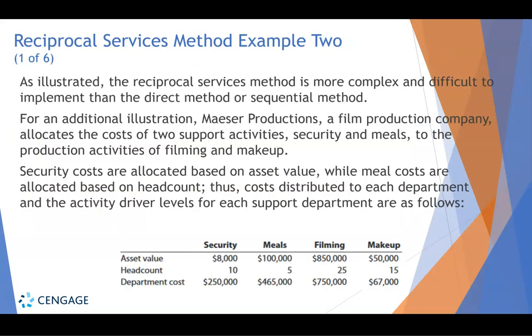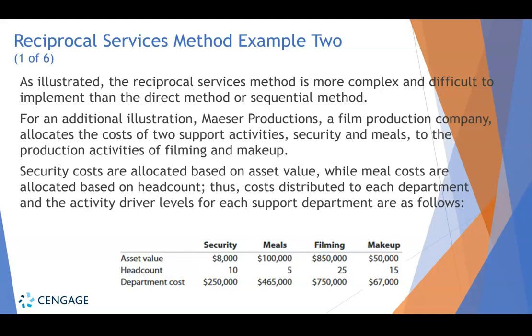Here's another example of this reciprocal services method. The reciprocal services method, of course, is much more complex. Mazer Productions, a film production company, allocates the cost of two support activities, security and meals, to the production activities of filming and makeup.